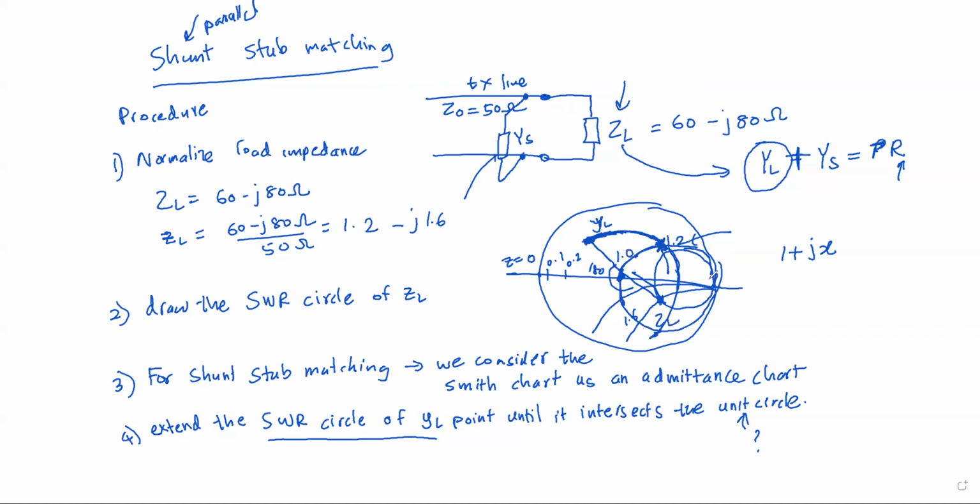My diagram is getting a little confusing, but just extend the circle until you meet the unit circle at two points. Can you do that? Did you understand what I said?